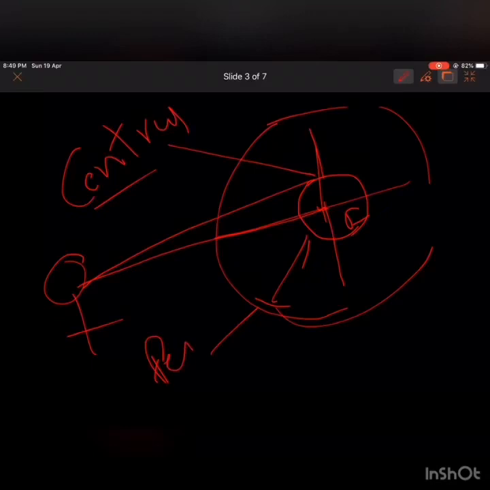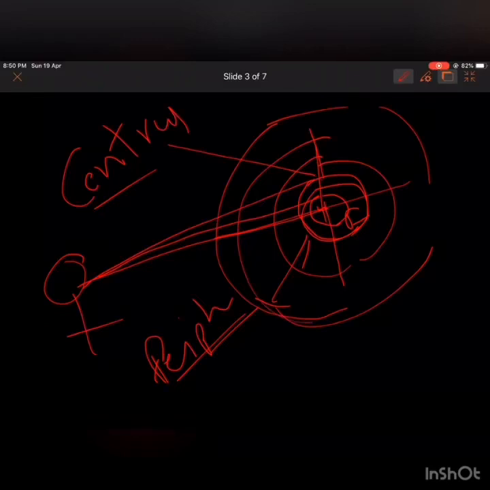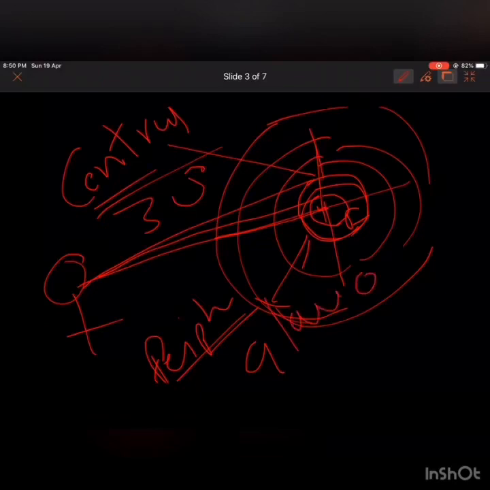Beyond that, it's called the peripheral visual field. Similarly, you have circles around the fovea which are 10 degree, 20 degree, 30 degree, 40 degree, 50 degree. Till 30 degrees it is called central field. So in glaucoma, this 30 degree field is most important. Usually we check the 30 degree visual field.